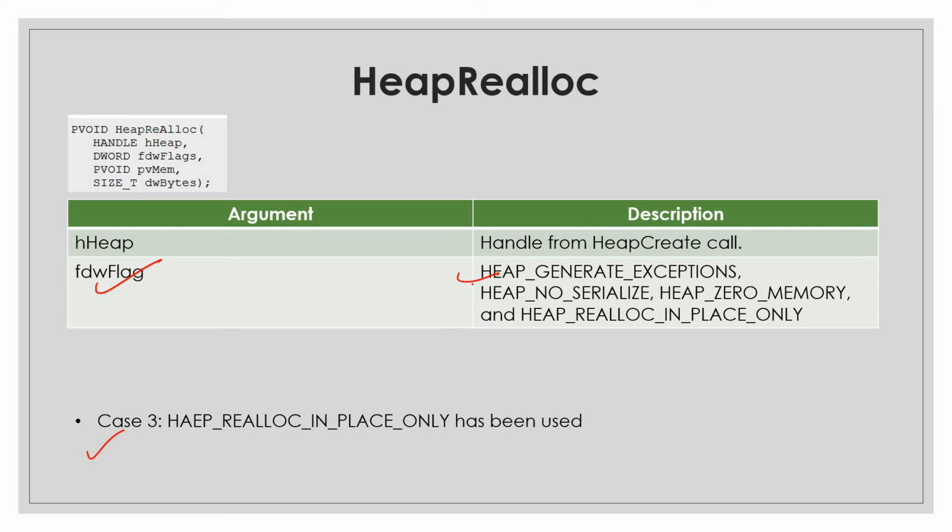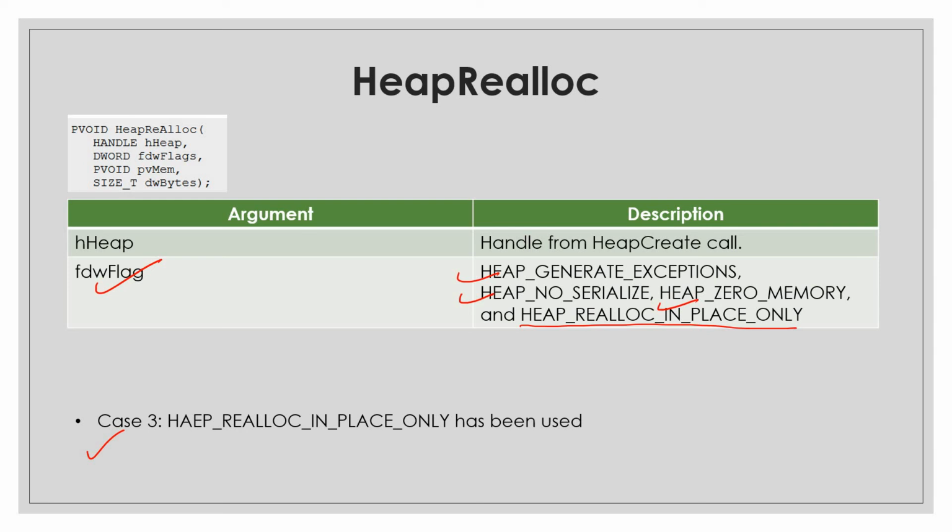Then HEAP_NO_SERIALIZE, that we have already discussed, is the same as it was for HeapAlloc. Then HEAP_ZERO_MEMORY is again the same as for the HeapAlloc function. And we have HEAP_REALLOC_IN_PLACE_ONLY. We will discuss that in detail very soon.